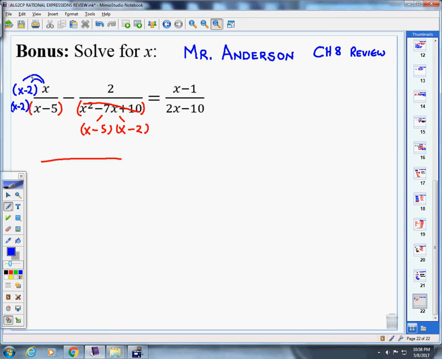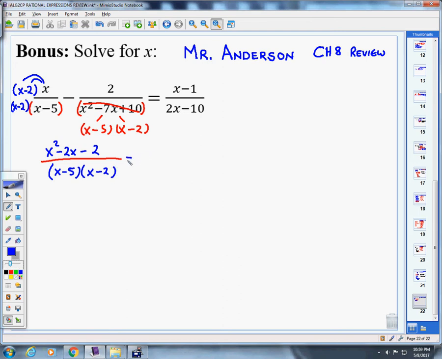I'll go ahead and I'll distribute this. That is x squared. X times negative 2x would be, or negative 2 would be negative 2x. And then subtract this numerator. And then the common denominator is x minus 5 times x minus 2.